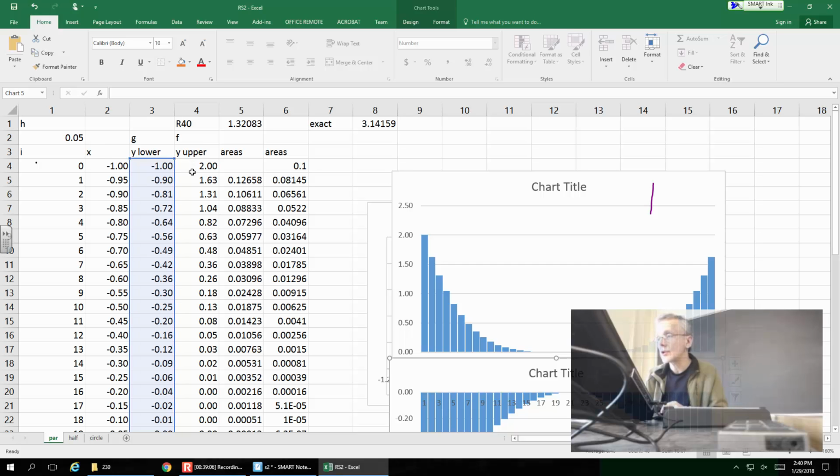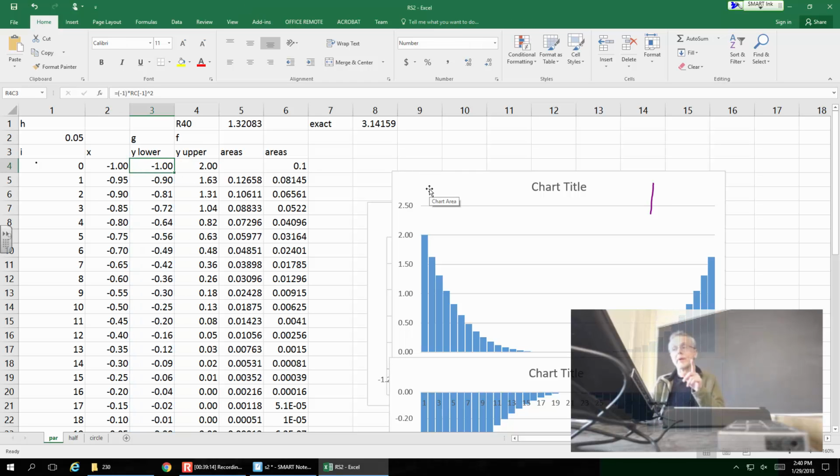So let's change the lower graph, and I'm going to bring it up by 1. Same parabola upside down, but I'll bring it up by 1 unit. So how do I bring a graph of a function up by 1 unit?